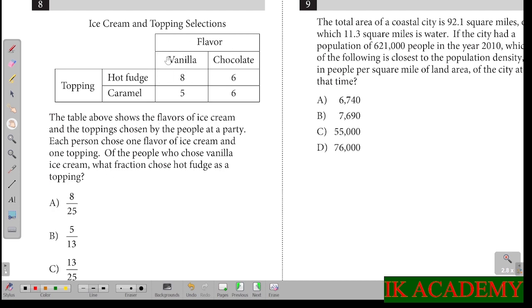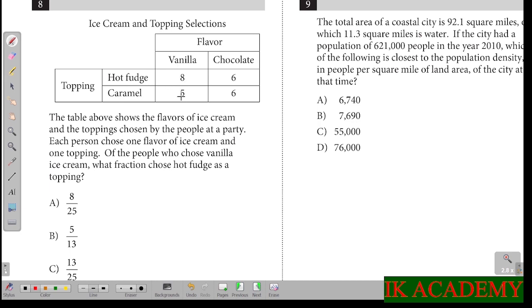So here is the table which gives us the number of people who like vanilla flavor and topping hot fudge is 8. 5 people like to eat vanilla flavor with caramel topping. 6 people like chocolate with hot fudge, and 6 people like chocolate with caramel topping. So we need to find the people who like vanilla flavor with the hot fudge topping, which is 8. We need to find the fraction of these people.